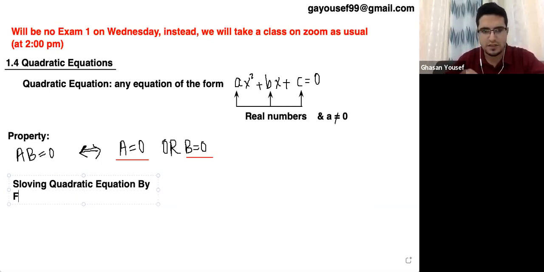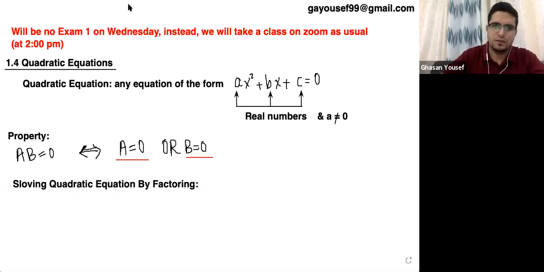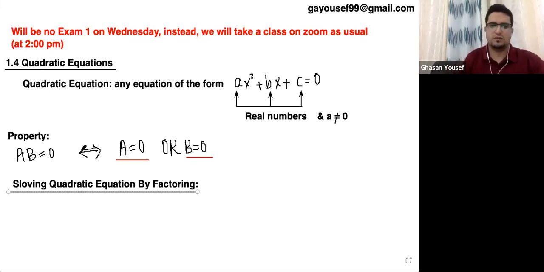The first way is by factoring. So we have to factor the quadratic equation, then solve it. I'm going to give an example of how we can use factoring to solve any quadratic equation.